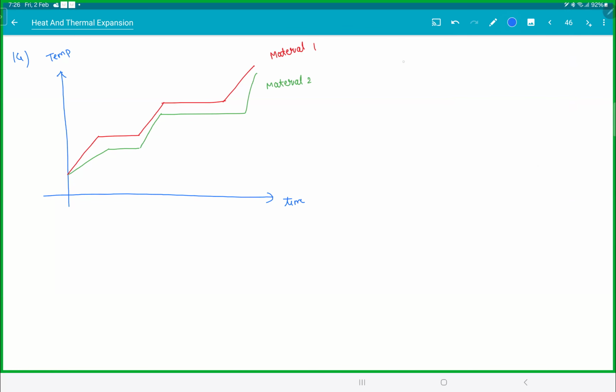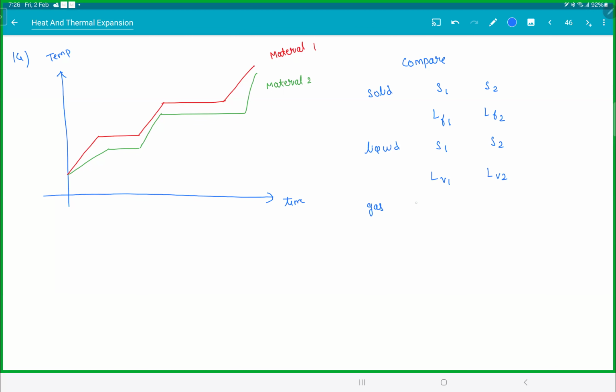So compare for solid, specific heat S1, S2, who is bigger, who is smaller. Then latent heat of fusion, LF1, LF2. Then for liquid, whose specific heat is more. Then L vaporization of 2.